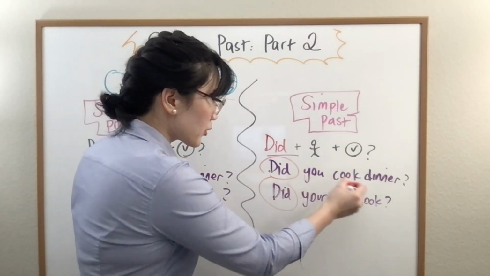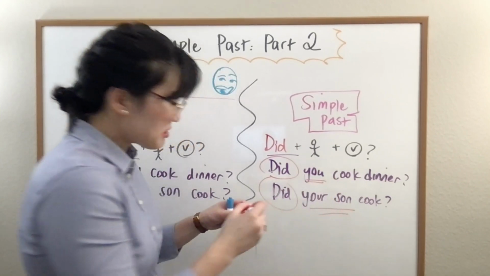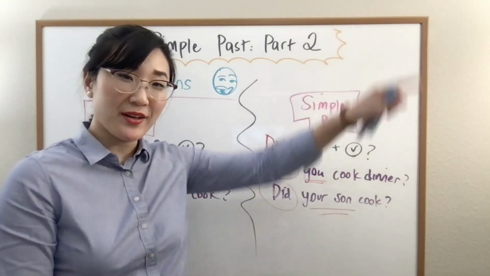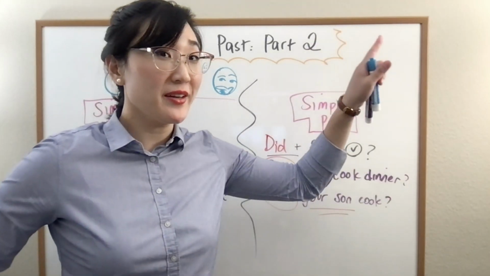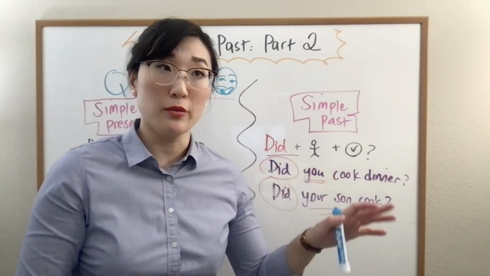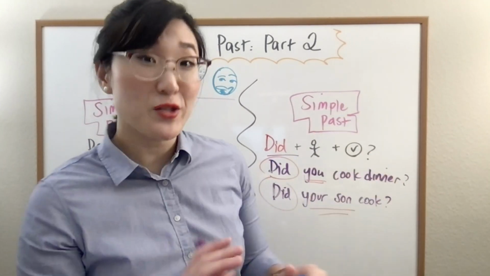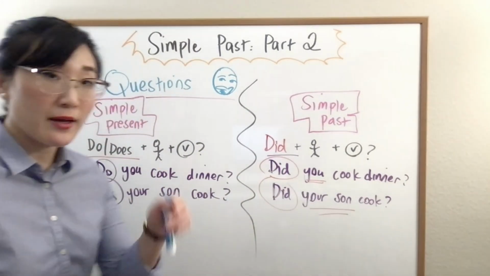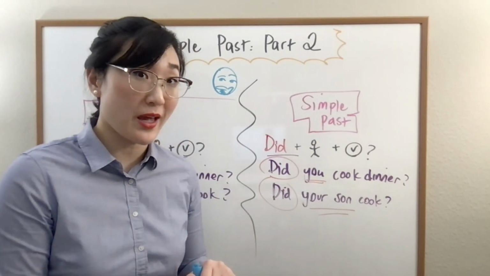It doesn't matter who, you or your son. I can use did for everyone. Did you cook dinner? Did your son cook dinner? Right? Did your son cook? Did you work? Did you walk? Did you exercise? Right? Did, do, and does. Be very careful with this pronunciation.